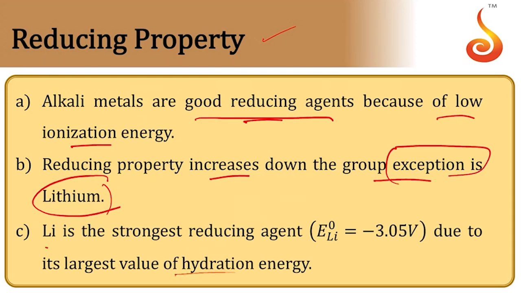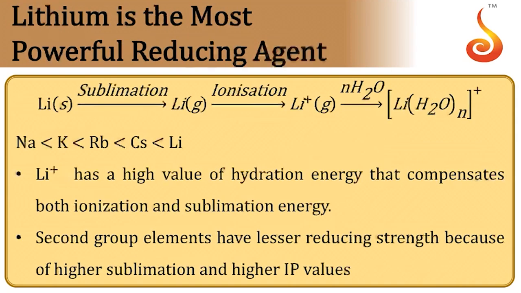So lithium is the strongest reducing agent, and that is because of its largest hydration energy. So alkali metals are good reducing agents, and reducing strength increases down the group, but the only exception is lithium. Lithium has higher reducing strength because of its higher hydration enthalpy values.